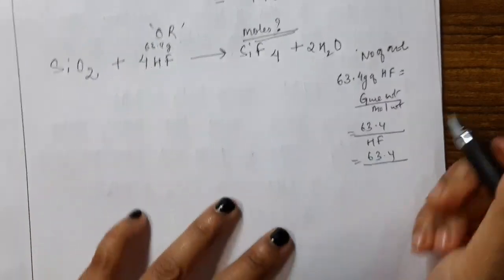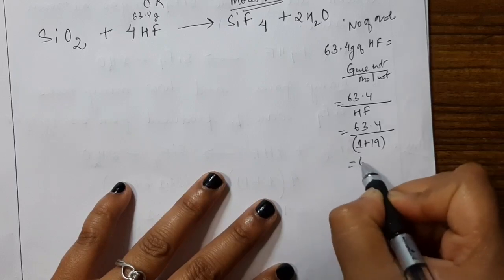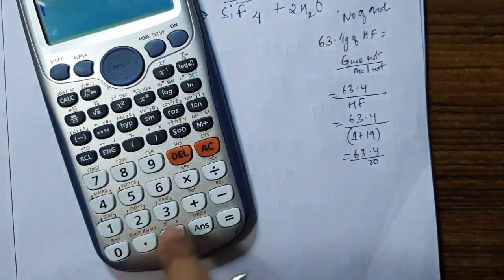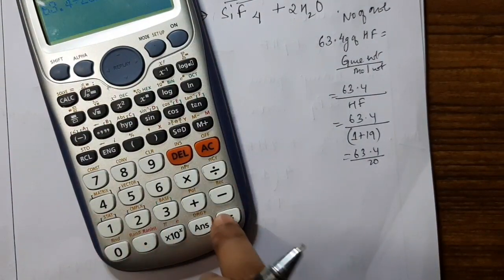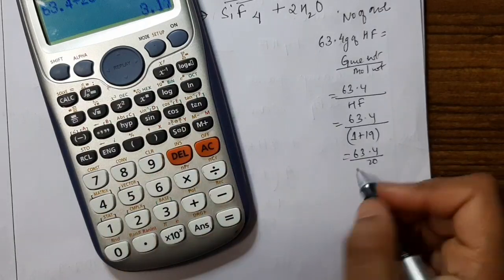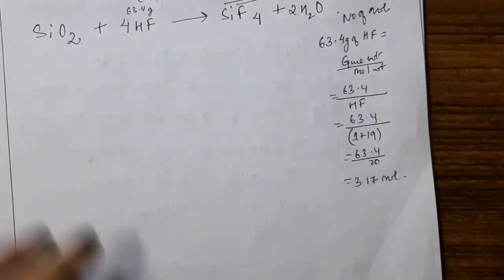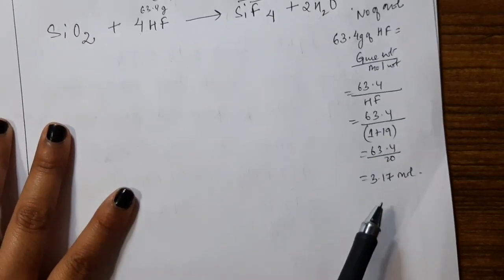Hydrogen is 1 plus fluorine is 19, so 20. So 63.4 divided by 20 is equal to 3.17 moles. Okay, now you got out here 3.17 moles.